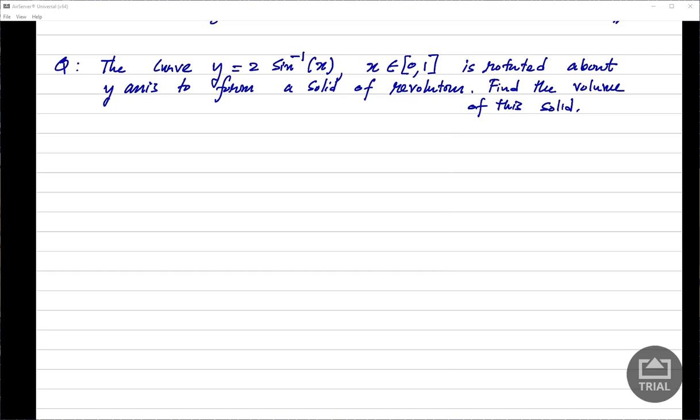So if you try to plot this, it should be like this, right? So x is from 0 to 1. If x is equal to 1, what would be your y value here?